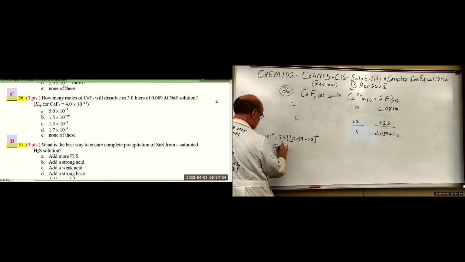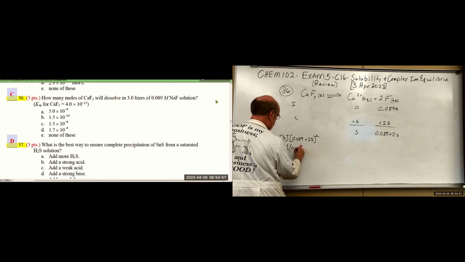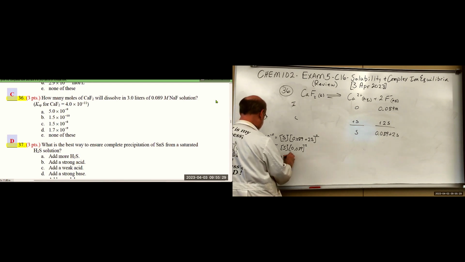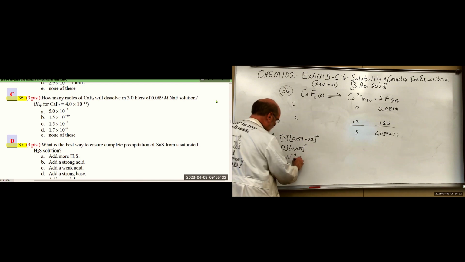So this is S, and this is just 0.089 squared. So if we take this one divided by that one squared, we should get the solubility. 4 exponent negative 11, and then 0.089 squared. Then divide it into this one. So the solubility is 5.0 times 10 to the minus 9 molar.